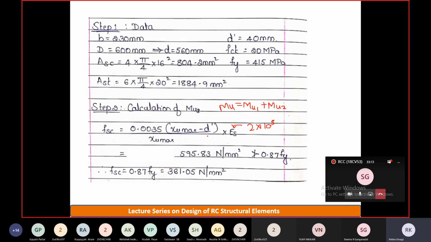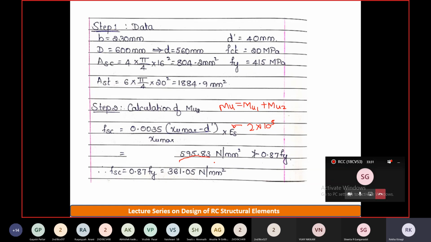So substituting these values, and the D dash value is already given in the numerical example, that is 40 mm, we are getting the value of FSC as 595.83.